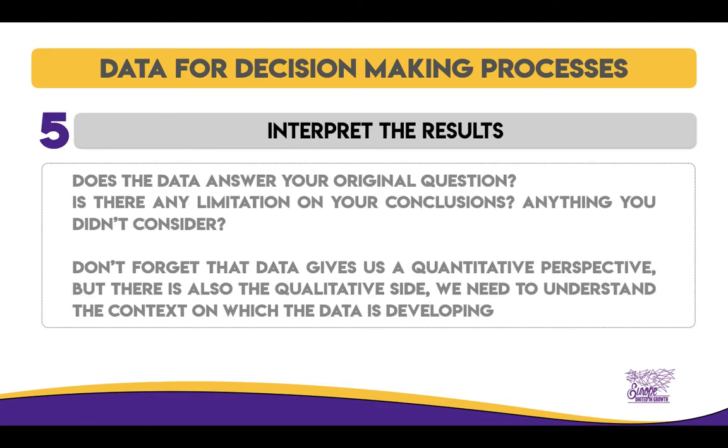And the most important part is the last part, interpreting the results. So the data that you found, let's say that you have the pivot table already with the data displayed. You need to ask yourself if this data that you have is actually answering the initial question that you had. Also, if there is anything that you didn't consider, or maybe limitations. Of course, I will suggest that you keep in mind that this is only a quantitative perspective.